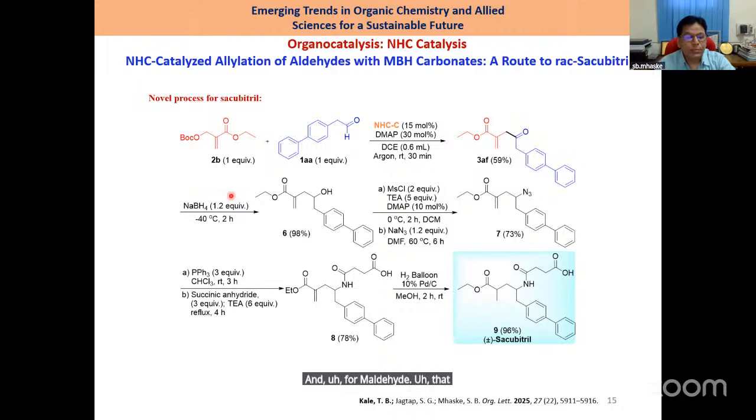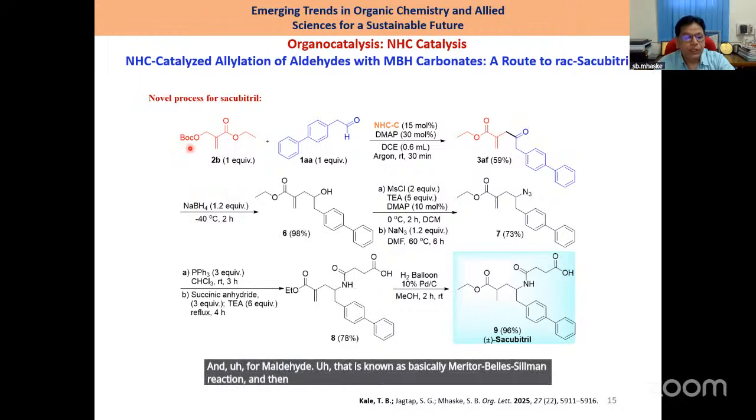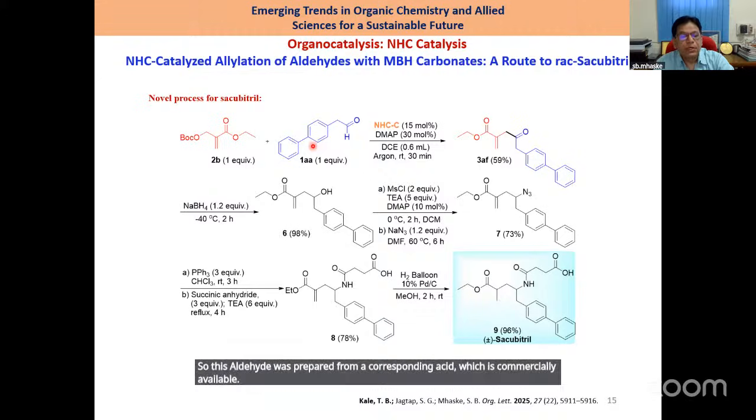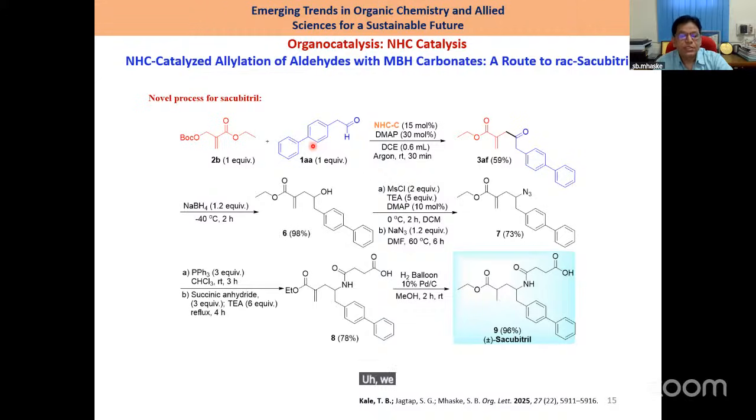That is basically the Morita-Baylis-Hillman reaction, and then it can be protected with a Boc group. This aldehyde was prepared from the corresponding acid, which is commercially available. We followed esterification, followed by reduction and oxidation steps, for better yields. However, direct reduction of acid to aldehyde is also documented in the literature.